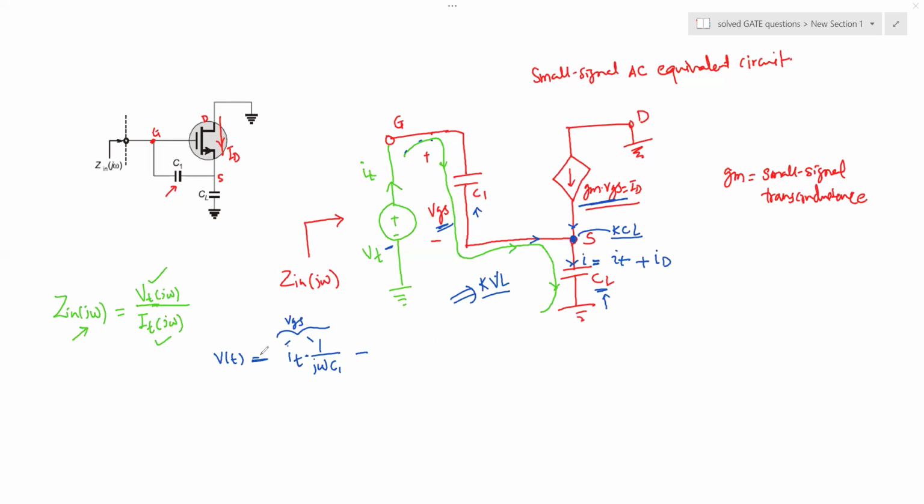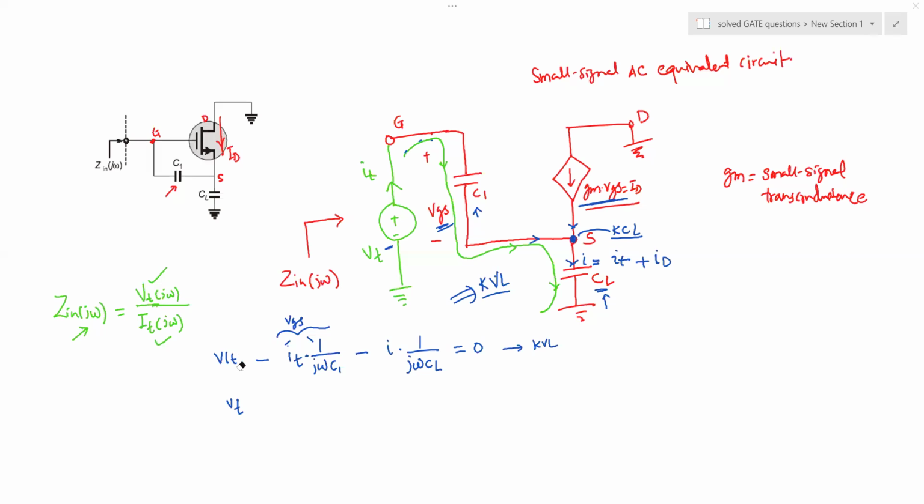So we'll write V of t minus this drop minus I multiplied by 1 over j omega CL, and finally it is equal to 0, right? So you can see that I have completed this KVL here. Now to expand this, I would say V of t, that is VT.